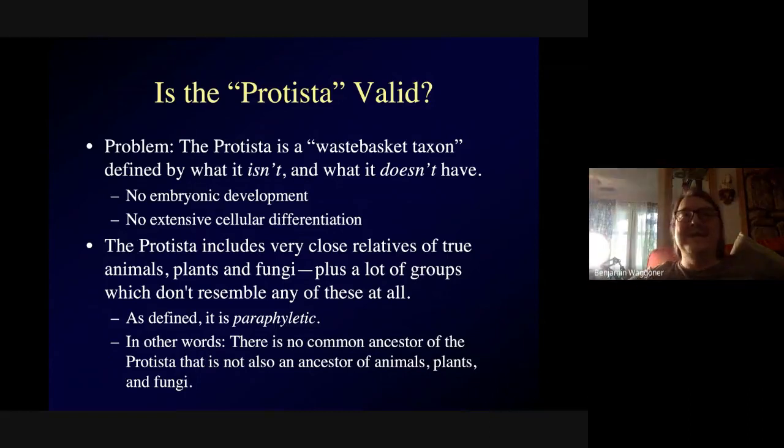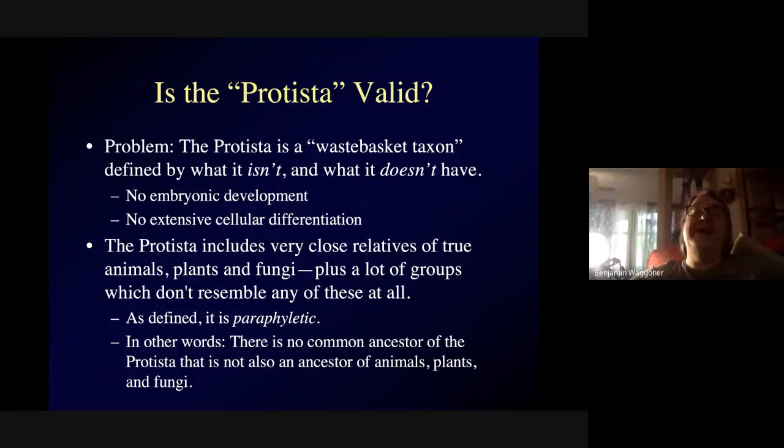But the idea is that classifying all of these eukaryotes in one kingdom on the basis of what they don't have makes as much sense as grouping together a bald eagle and a brick wall based on what they don't have, the ability to drive a stick shift.